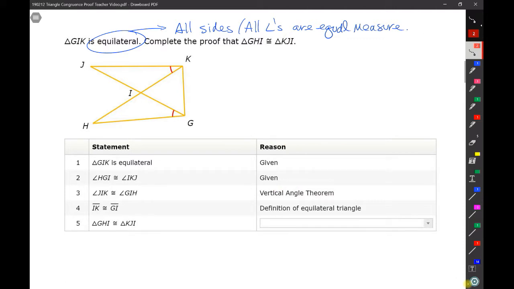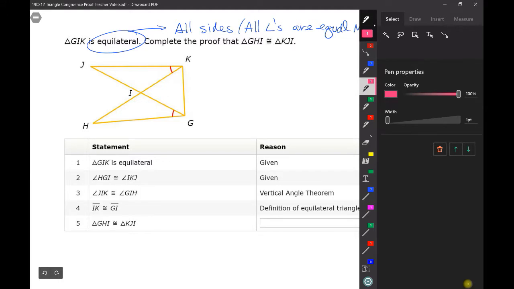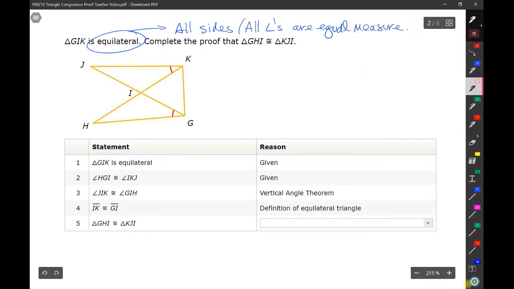Now, let's talk about what we need to prove. Here's the proof statement right here, and I'm going to use kind of a highlighter setup to give you an idea of what we're trying to prove. We want to prove that triangle GHI, this triangle right here, is congruent to triangle KJI. So we're trying to prove those two highlighted triangles are identical twins.